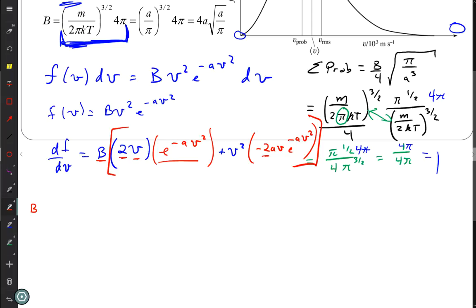So if I factor as much as I can, b 2v e to the minus av squared, and that leaves me with 1 minus a... Oh, yes, I forgot this v squared.